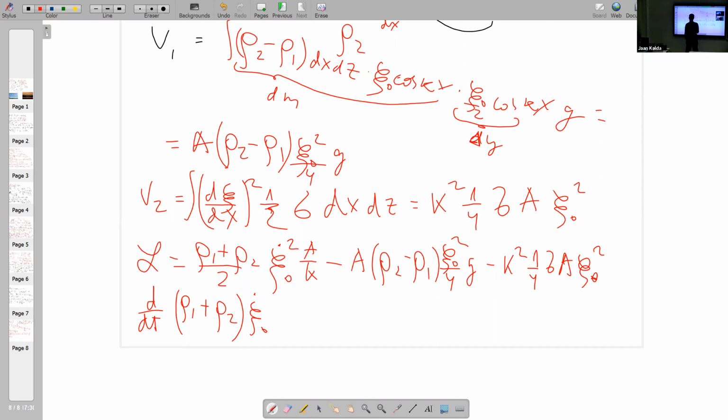And this must be equal to dL over d psi naught, which is now minus A rho 2 minus rho 1 psi naught over 2g, minus k squared divided by 2 sigma A psi naught.